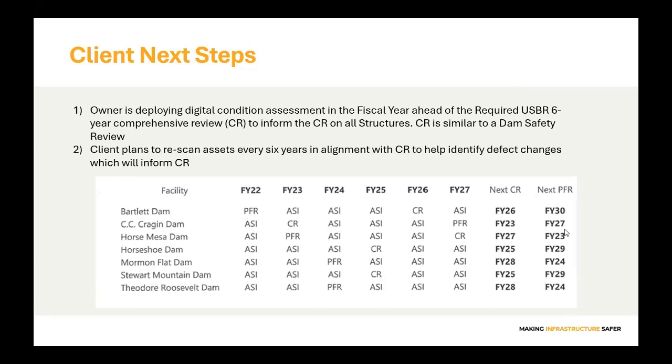That will give them the data when it comes to the comprehensive review to help inform some of their decision making. If we've got the baseline scan and we have the repeat scan ahead of the next CR, that consultant or internal team doing the review can analyze the data and then make a recommendation on whether any further investigation is needed, based on that visual data set and the delamination data set that's been acquired over the years.